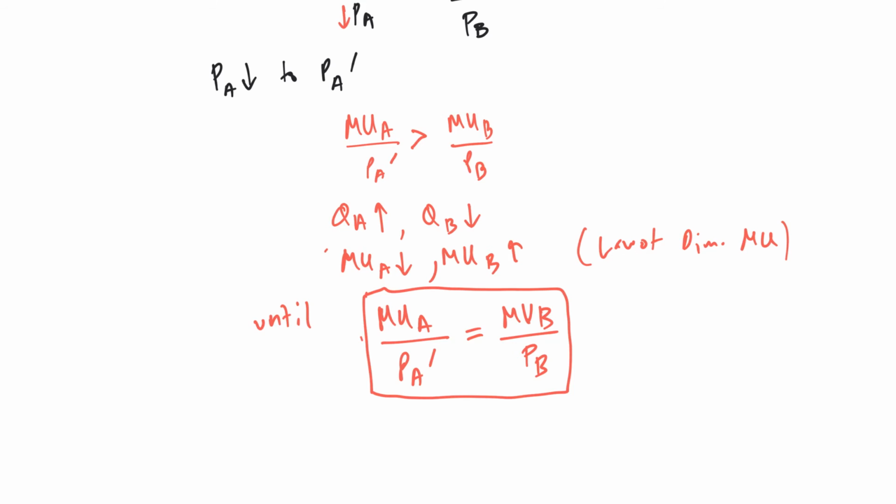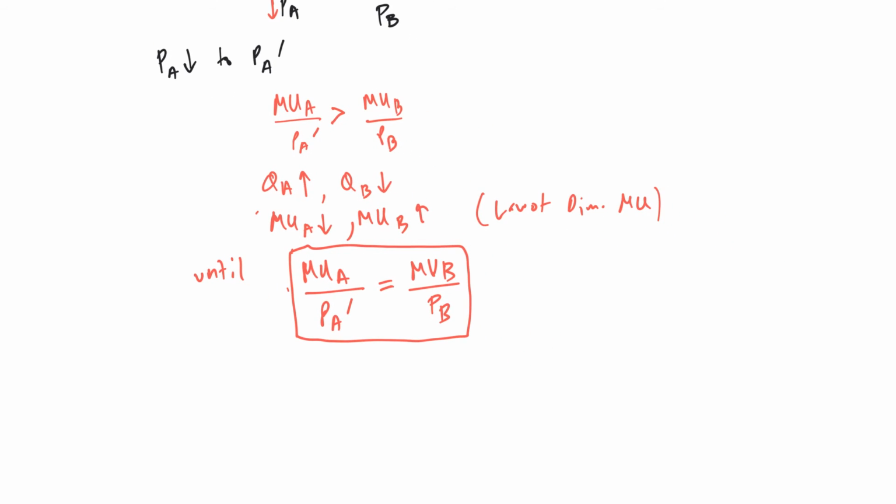How do we make a demand curve out of this? This is an important thing to understand. This is my demand curve for apples, so this is my quantity and my price. When your price was PA, you were buying a certain quantity QA.